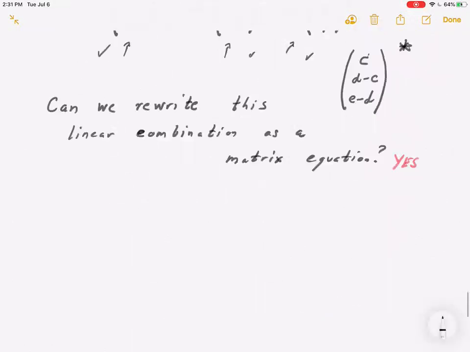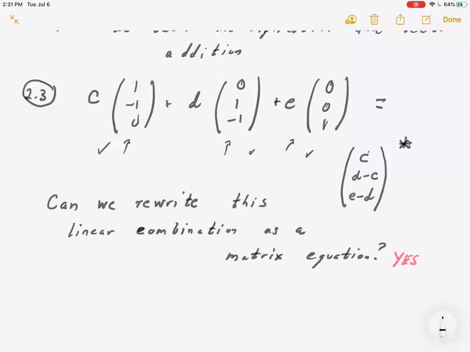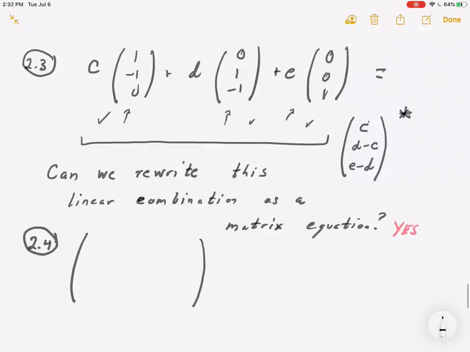So how would I do that? Well, I want to take the left-hand side of 2.3 and write it as a matrix equation. I can state this, but if you sit down and look at it, you'll see it's got to be true. If I take the first vector and write it as the first column of a matrix, the second vector as the second column, and the third vector as the third column, that's a 3×3 matrix.